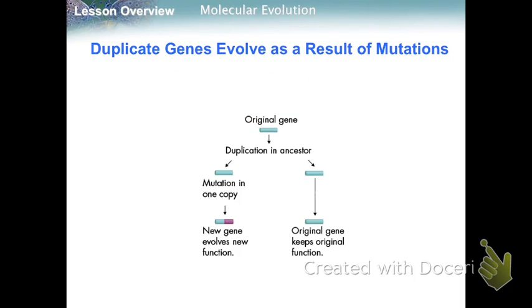So here's how that would look. We have our original gene here. In an ancestor, there's a copy mechanism that's happened. The mutation in this case has happened to the one on the left here. And then we see a new gene evolving a new function.